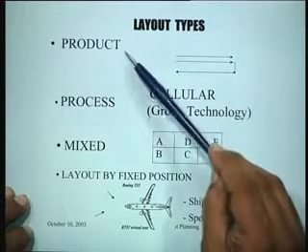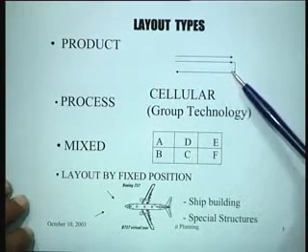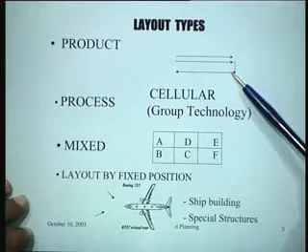So this is the typical feature of a product layout. In fact, you tend to generally resort to product layouts when the volumes of production are large and you have a dedicated product. You're not changing the product design that frequently.